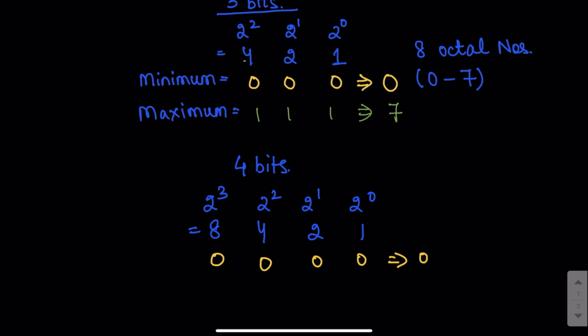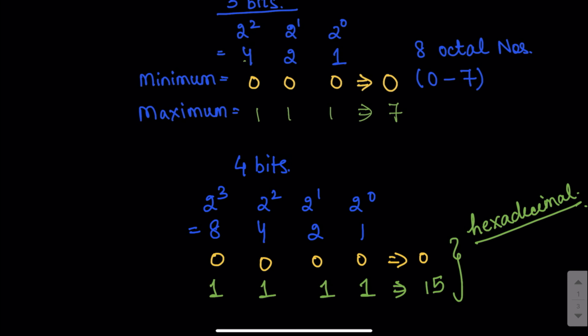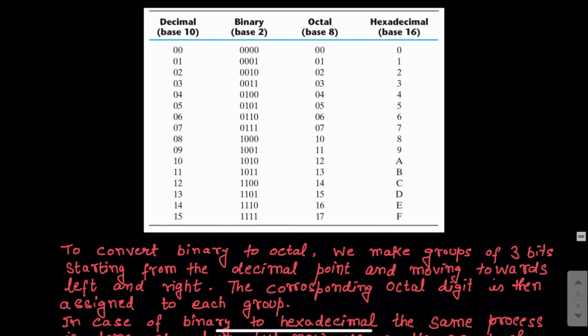And the maximum could be all ones, that is 8 plus 4 plus 2 plus 1, that is 15. So this will do all that you require for hexadecimal. Hence it is said that for hexadecimal I need 4 bits and for octal I need 3 bits. Let's get back. So once we understand this, the conversion process becomes very simple for us.